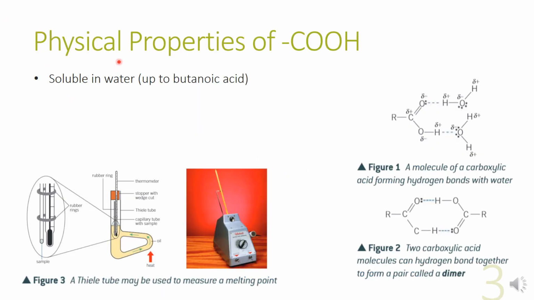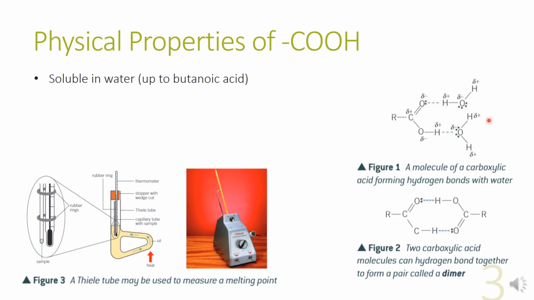Okay, next with the physical properties of carboxylic acid. First, it is soluble in water, but only up to butanoic acid. So with more than 4 carbon chain length, the solubility in water will be reduced. Why can carboxylic acid dissolve in water?